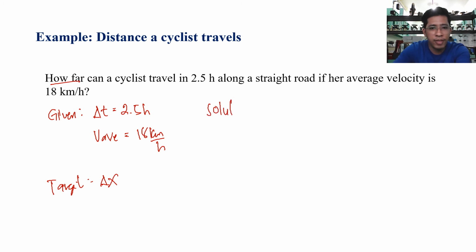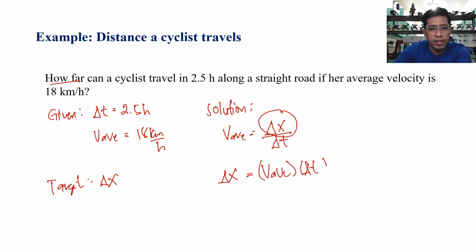Now let us solve the problem. Again, your average velocity is equal to delta x over delta t. But our target variable is the displacement delta x, so we do some cross multiplication and algebra. Delta x is equal to V average times delta t.